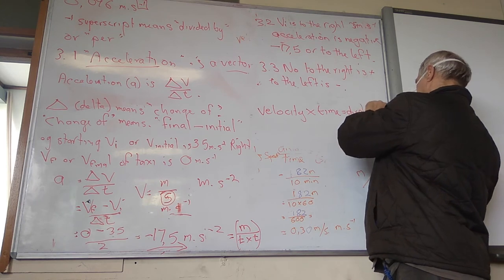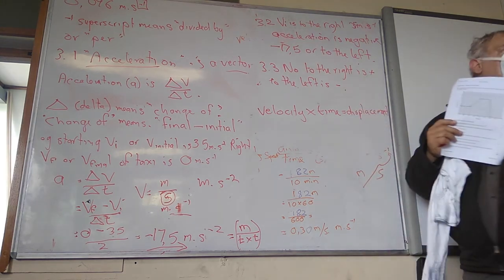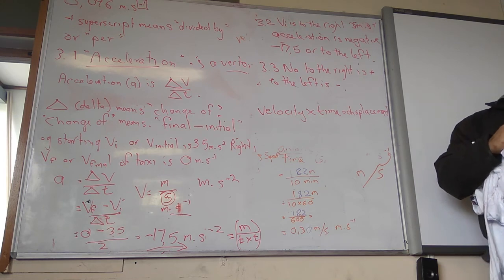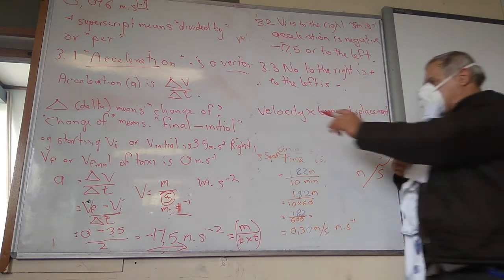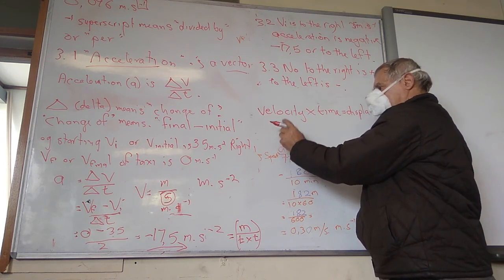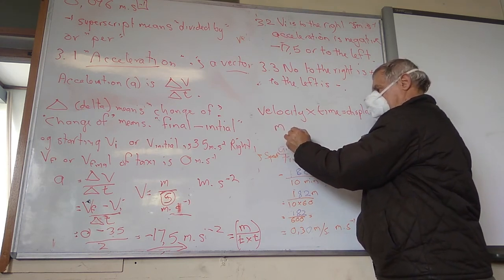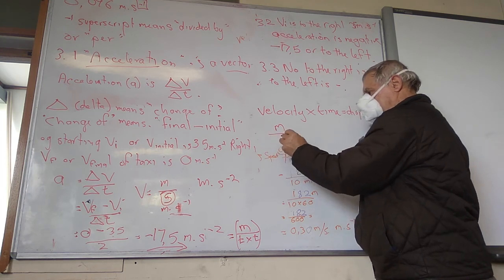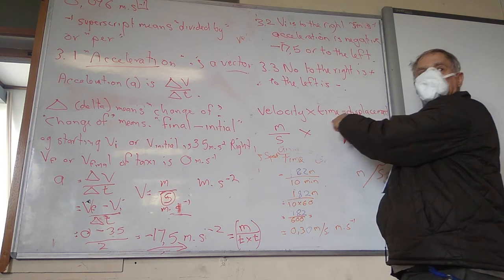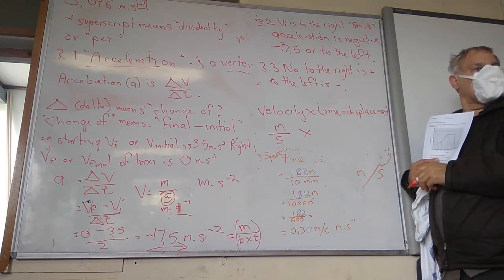Now let's prove it. What are the units of velocity? Meters per second, m s to the minus 1. Times, what's the unit for time? Seconds. Equals meters.